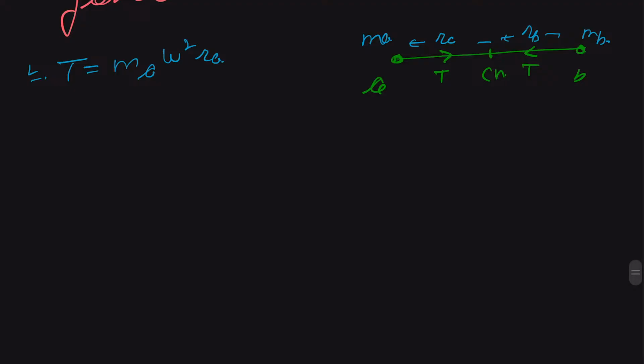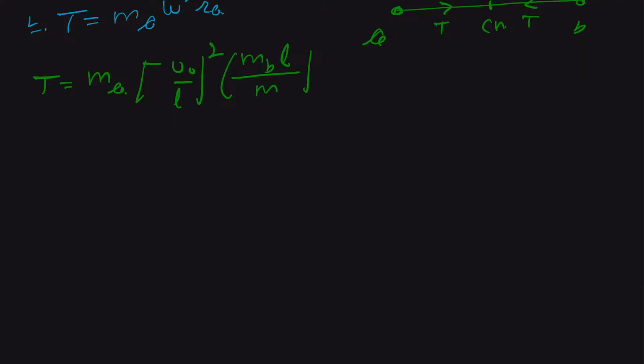We substitute Ra as well as omega, we get that the tension T is equal to Ma, omega is V naught upon L whole square, and Ra is Mb times L upon M. This square is going to cancel our L. Therefore, tension T will be equal to Ma Mb V naught square upon M times L.